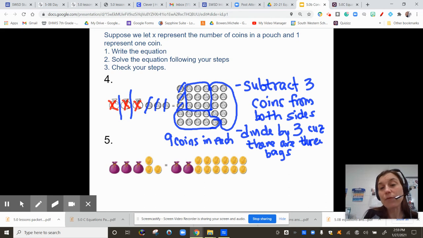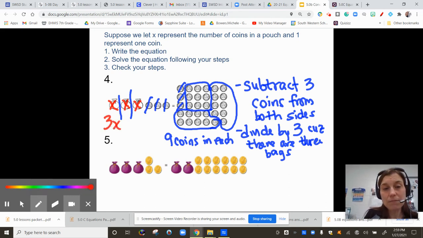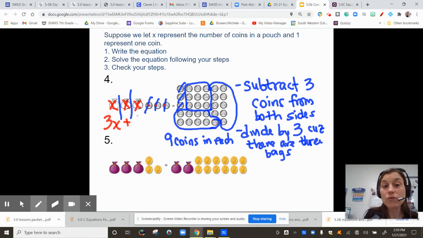So that means I have 3 X's plus, in addition to that, I have 1, 2, 3 coins. And the loose coins are just constants. So the bags are all X's and the loose coins are constants.